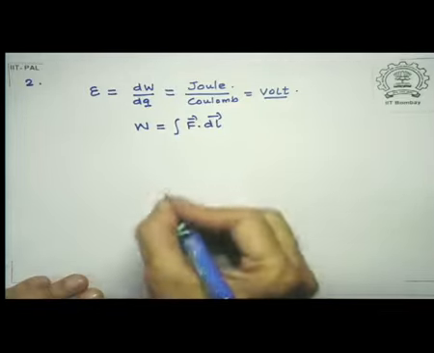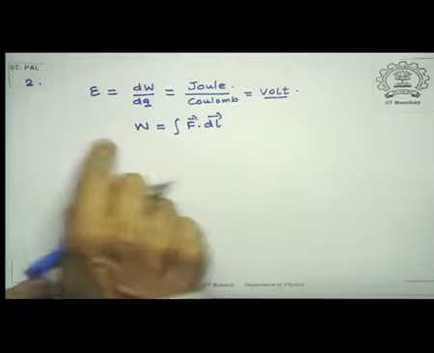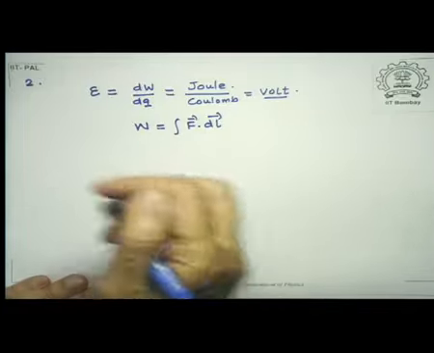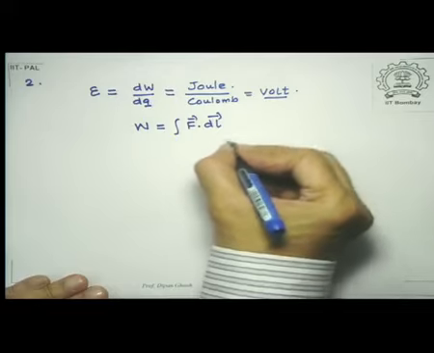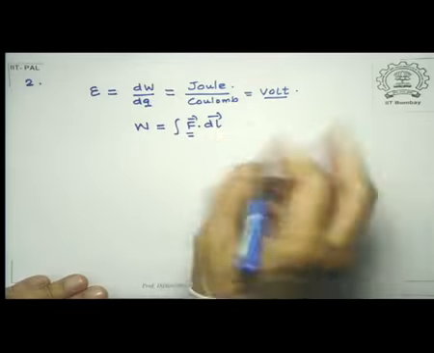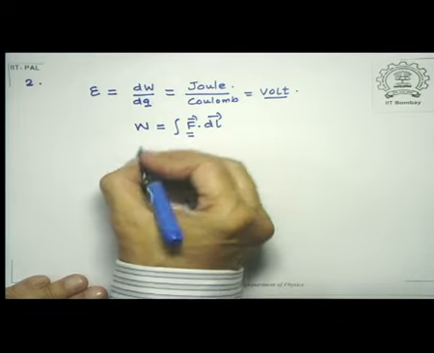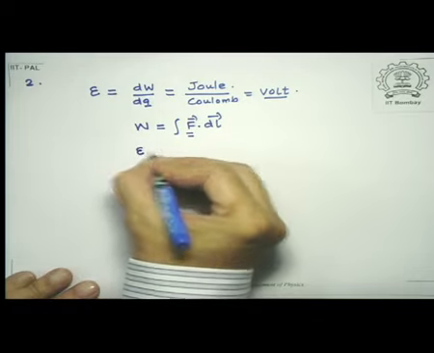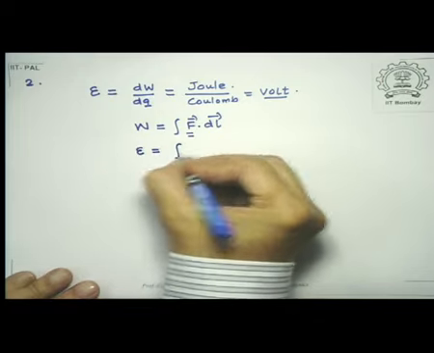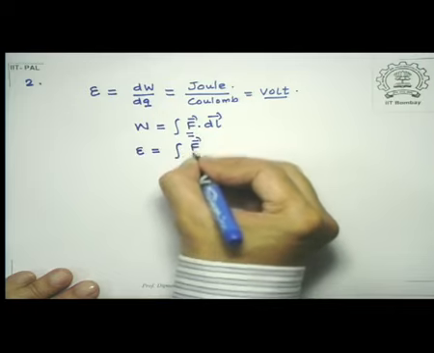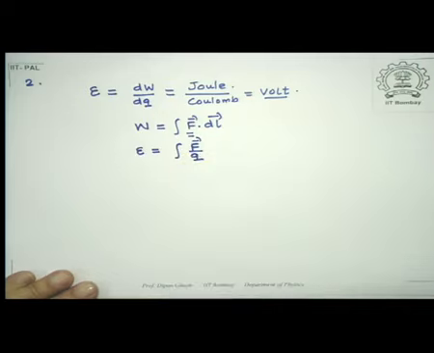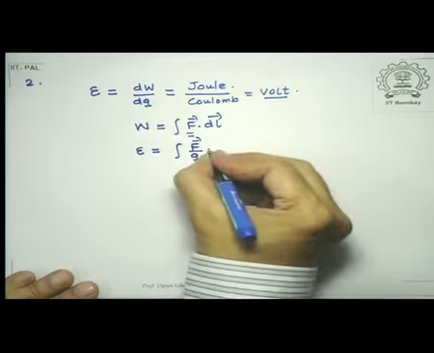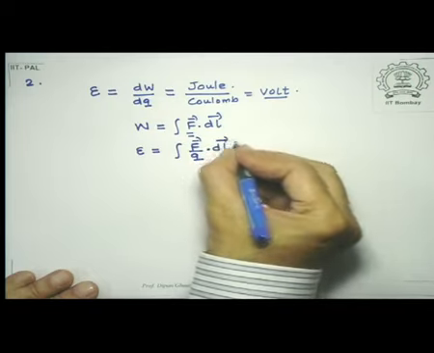And remember that my electric field E is the force per unit charge, and so therefore I can write my EMF as equal to the integral of F by Q, because we said that it is per unit charge, dotted with dl. That's the definition of this thing.